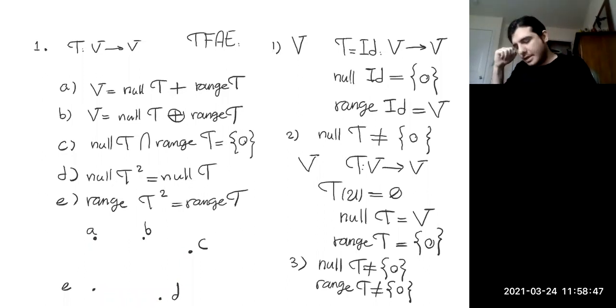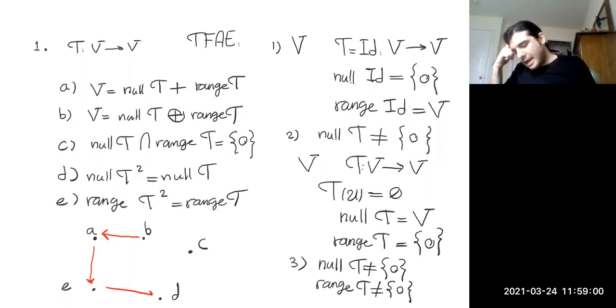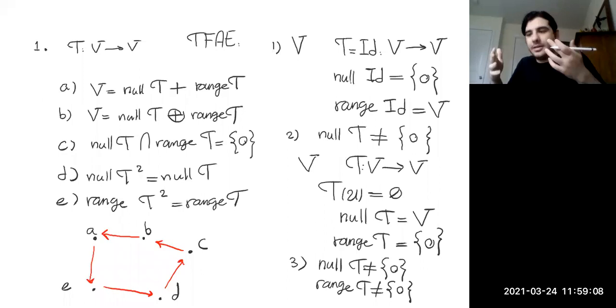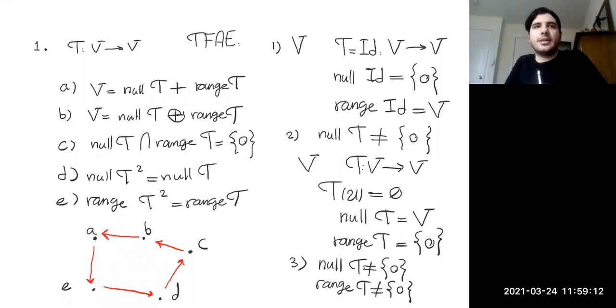For example, B implies A is more trivial, right? And then maybe someone wants to continue this path and shows A implies E, and then E implies D. You might find a more strange order that would work better for that question. So let's just have that in mind too.